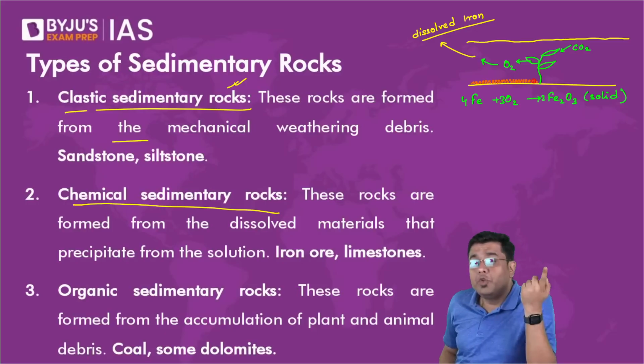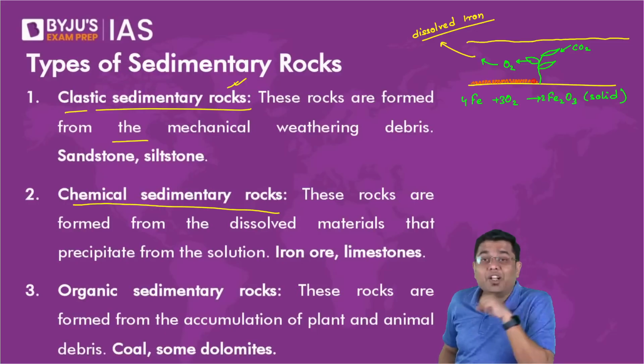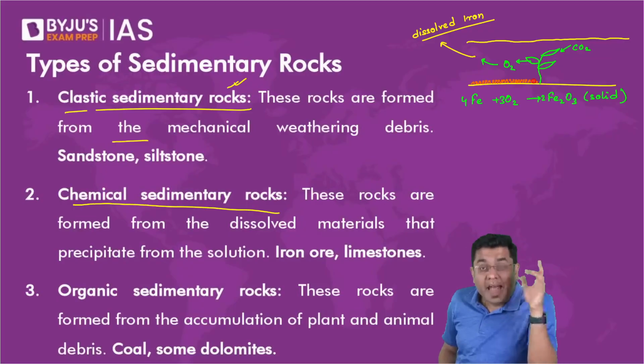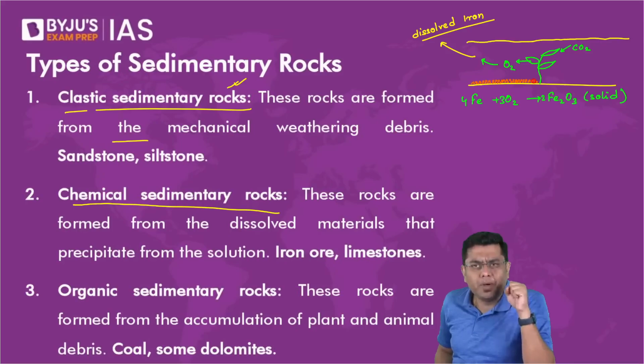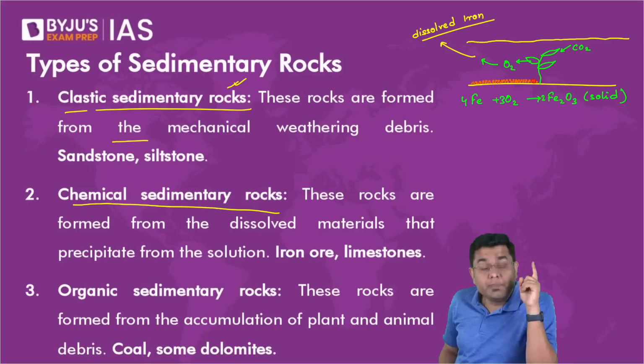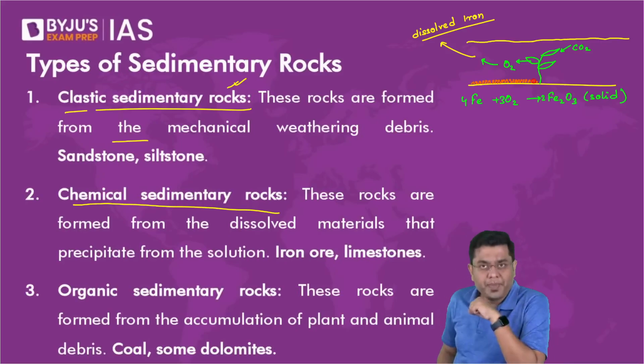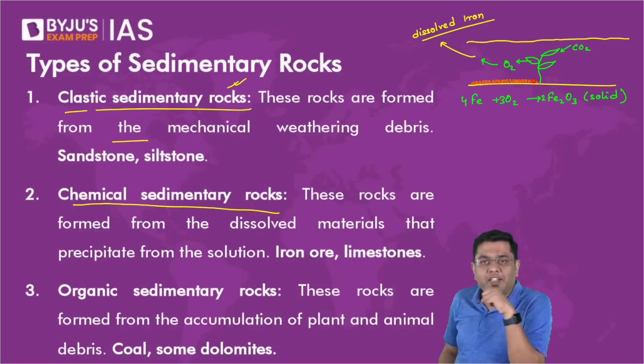That is why limestone is so very rich in calcium, right? Calcium carbonate is one of the abundant elements present in limestone. And that is the reason why, because calcium has got a binding property, limestone is the most important raw material in the manufacturing of cement. Whenever you observe the manufacturing of cement, one of the important raw materials is limestone. And that is the reason.